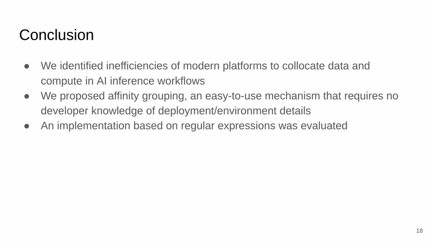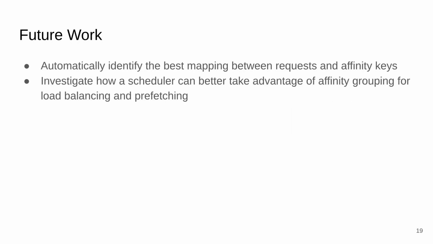We implemented this affinity grouping using regular expressions. As future work, one idea is to automatically identify the best mapping between requests and affinity keys. Another idea is to investigate how a scheduler can better take advantage of this affinity grouping for things like load balancing and prefetching.